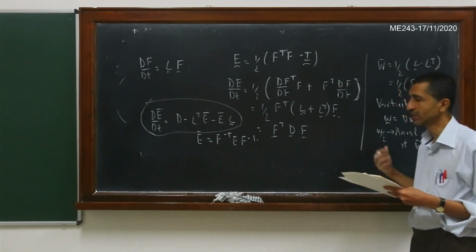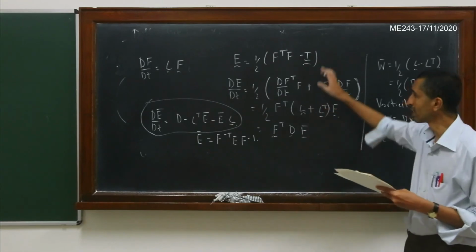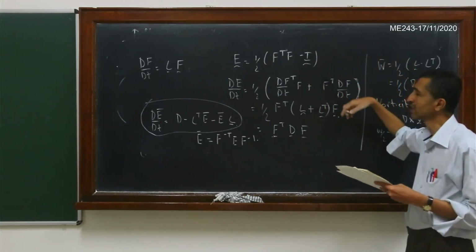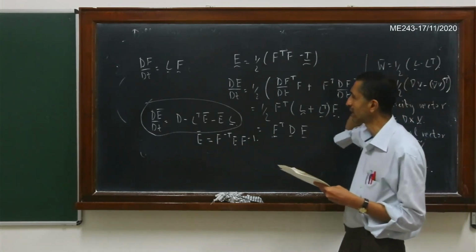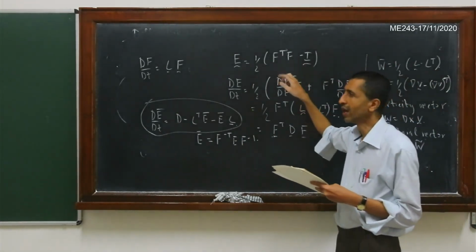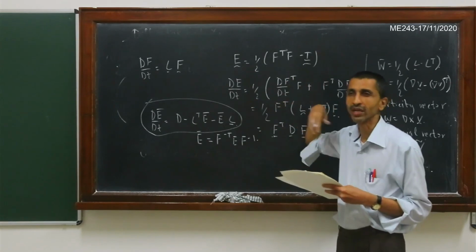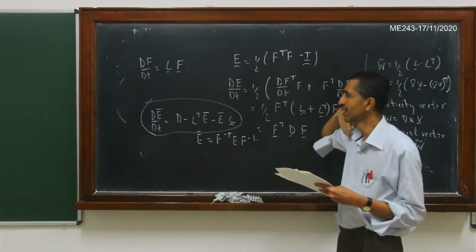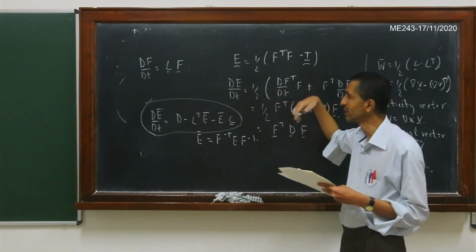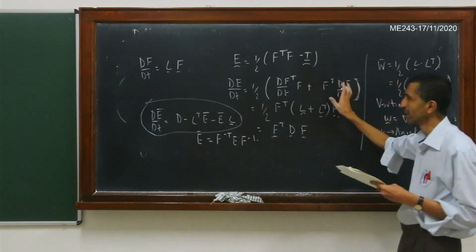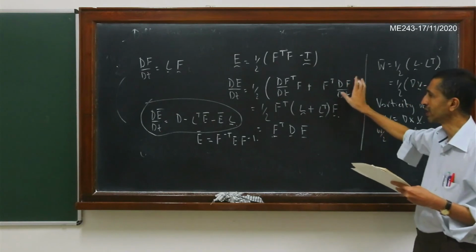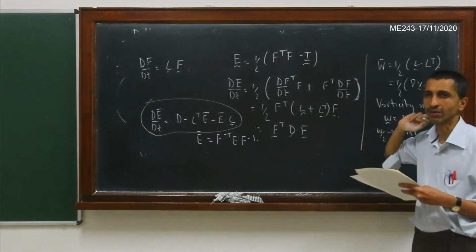So far, all this analysis has been theoretical, in the sense that we have not actually shown how to compute the deformation gradient, the rate of deformation gradient, the velocity gradient, velocities. We have not yet shown them for any particular example. So hopefully in the next class, those things will become clear.